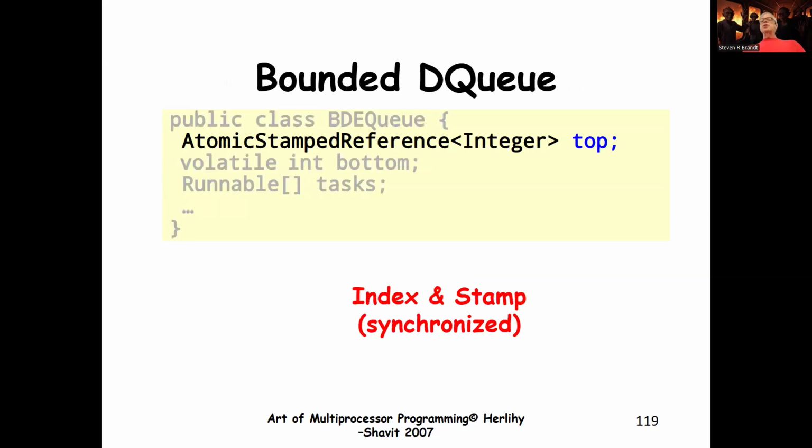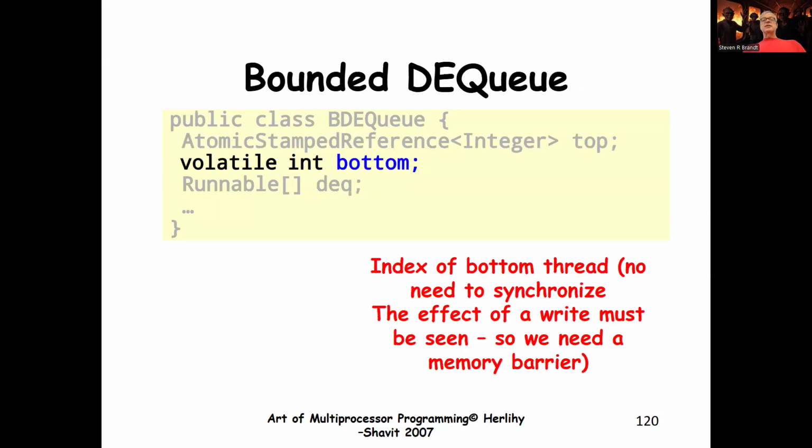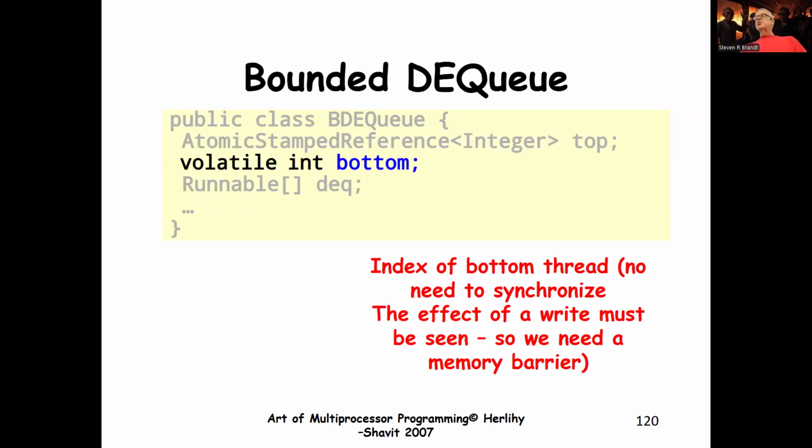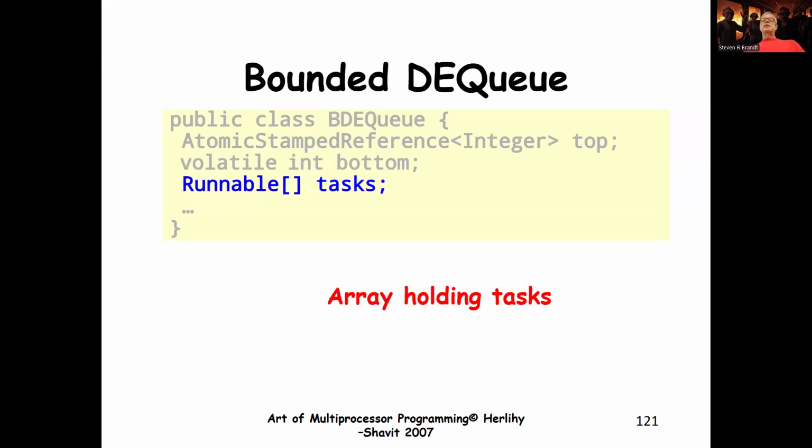And the index and the stamp are synchronized together. So the way we're going to do our queue, the top is going to be this atomic stamped reference type. The bottom is just going to be a volatile int. And then the tasks are going to be in this runnable array.